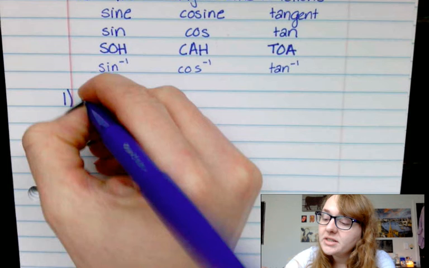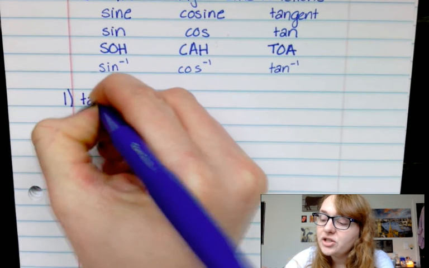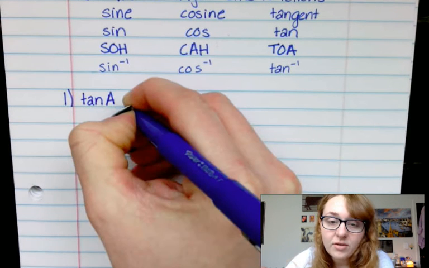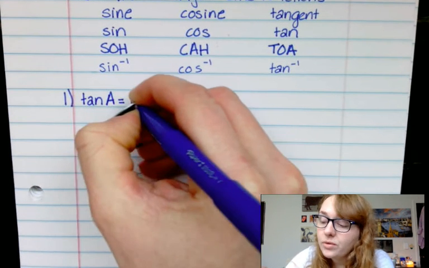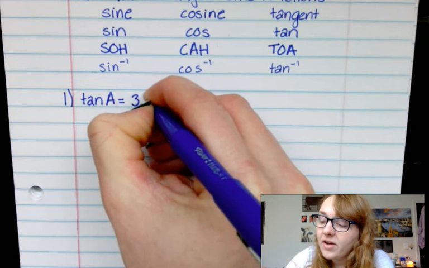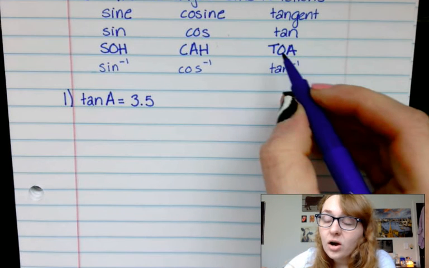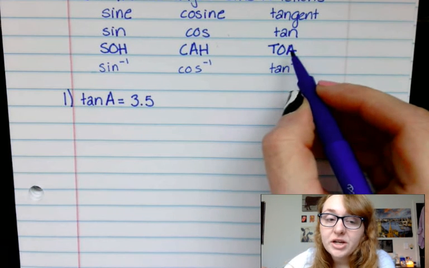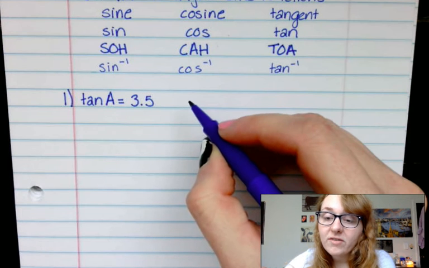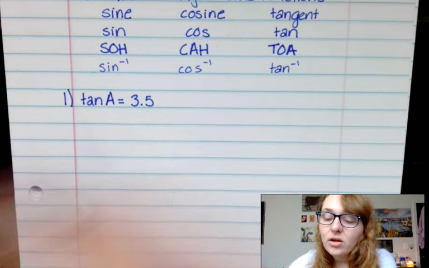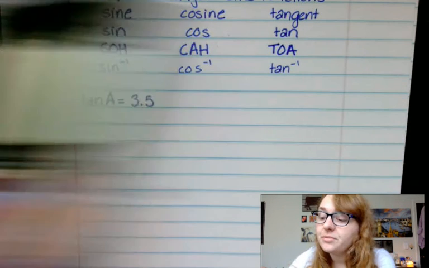All right, so our first example is that the tangent of some unknown angle A is equal to 3.5. So that means that our ratio of opposite over adjacent gave us the decimal 3.5. And to find our missing angle, we're going to use our tangent function.